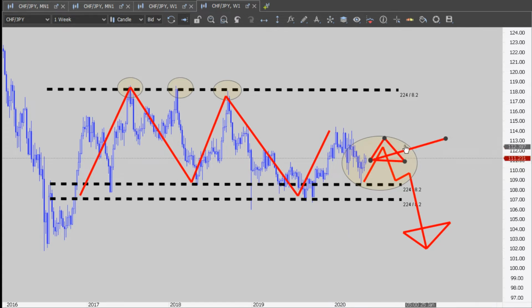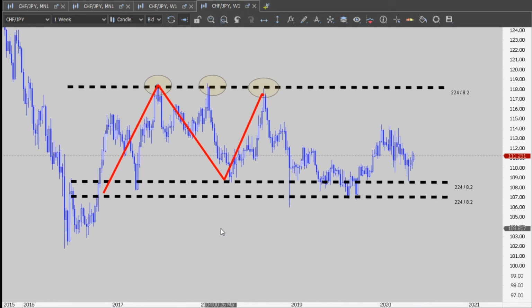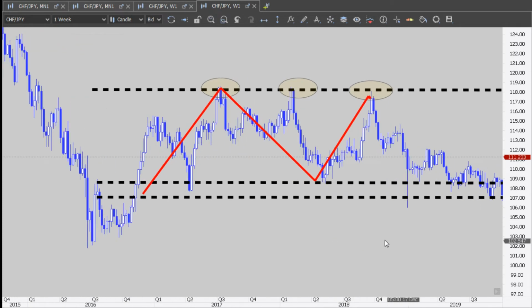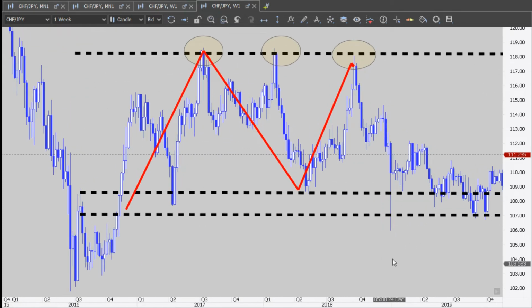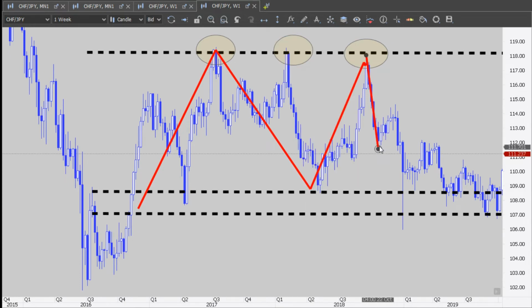Okay, for the traders who especially have a little bit of challenge spatially, okay? This is just practice, practice, practice. When the market was here, didn't the market do lower lows, lower highs, lower lows, lower highs, lower lows?